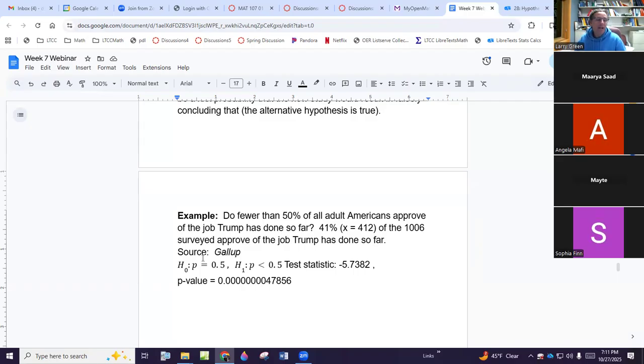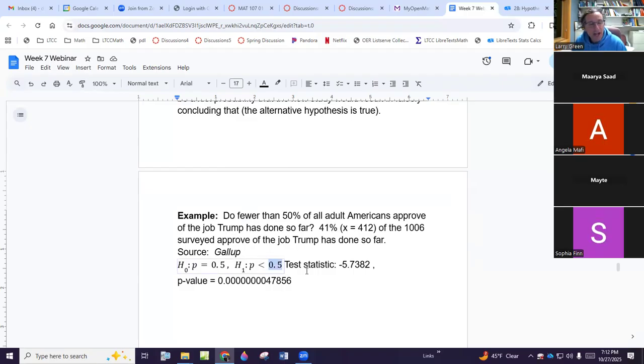So that means we're talking about proportions. So H naught: P, for proportion, equals 0.5, because the question is, do fewer than 50%? So the other side, no, it is 50%. H1: P, and now it's going to be less than 0.5, because fewer is less than.